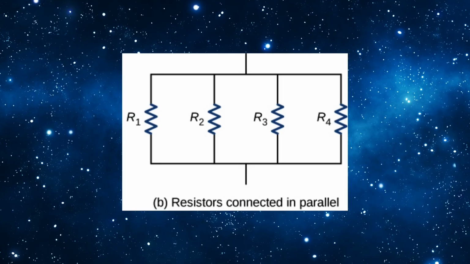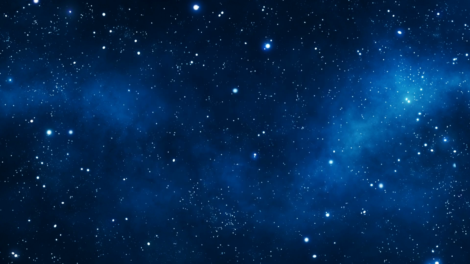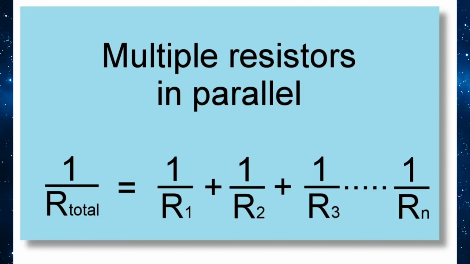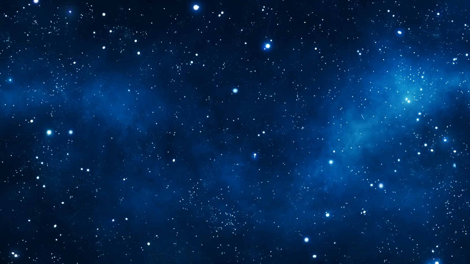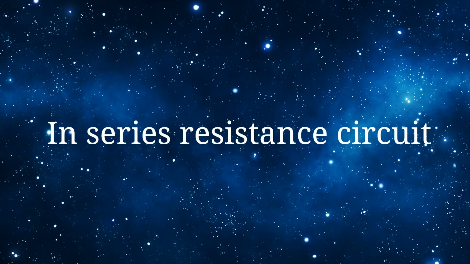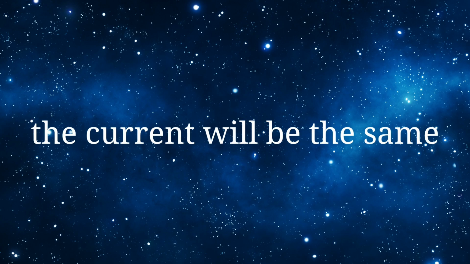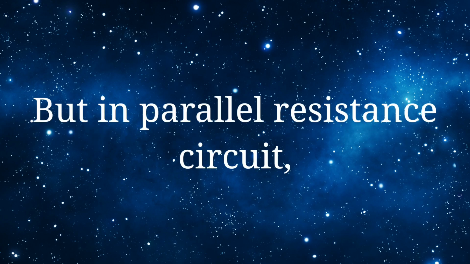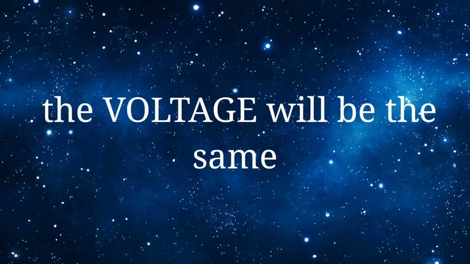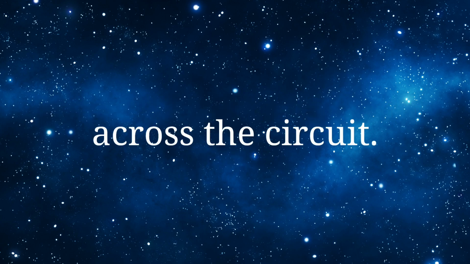As a result, the total resistance of the circuit is equal to the reciprocal of the sum of the reciprocals of individual resistances. Remember, in a series resistance circuit, the current will be the same across the circuit, but in a parallel resistance circuit, the voltage will be the same across the circuit.